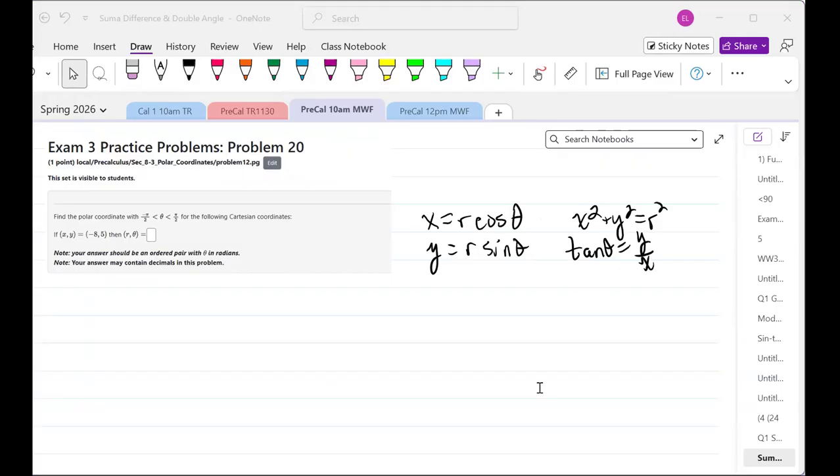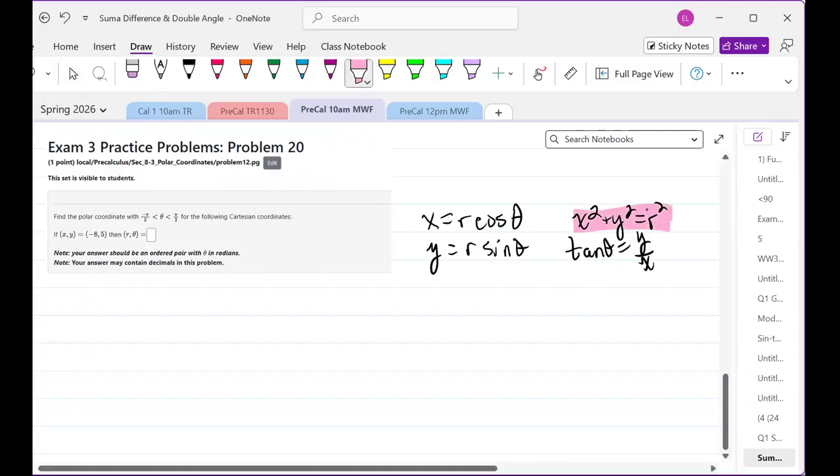So I know x and y. I need to figure out r and theta. So I want to use a formula that uses x and y and r, and that is my x squared plus y squared equals r squared.